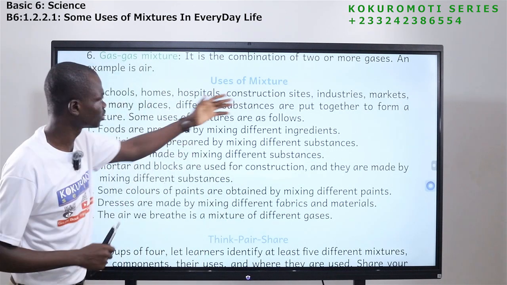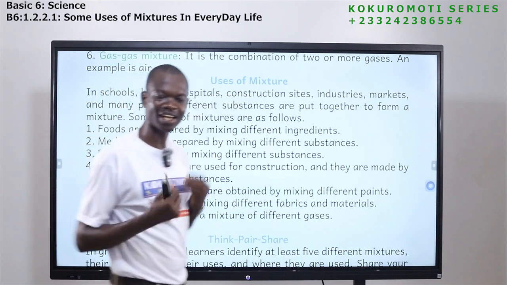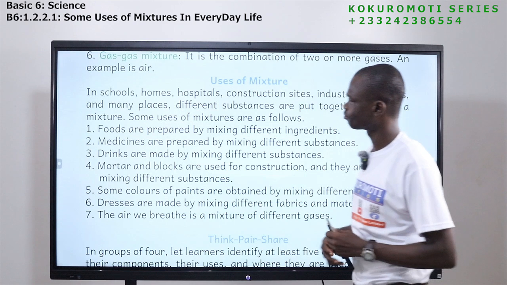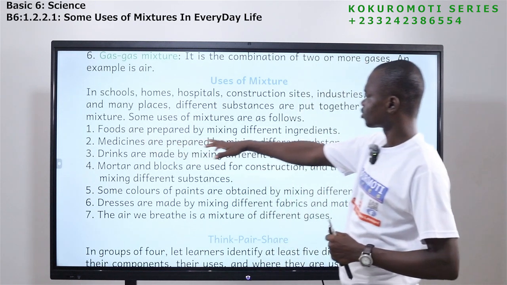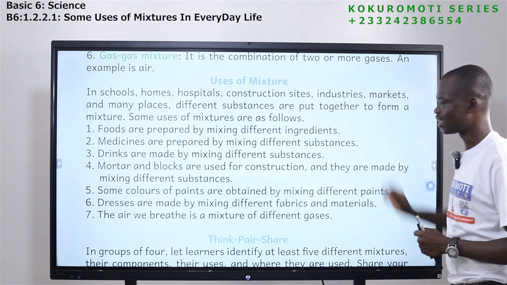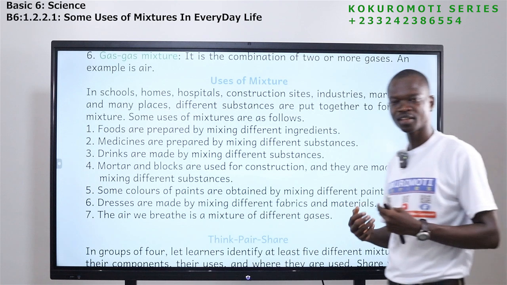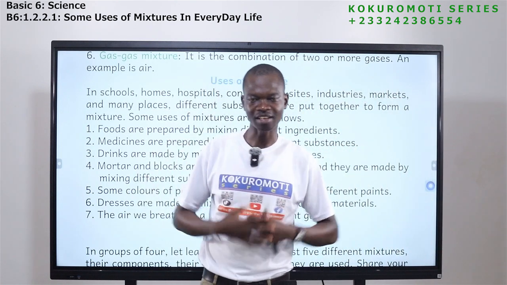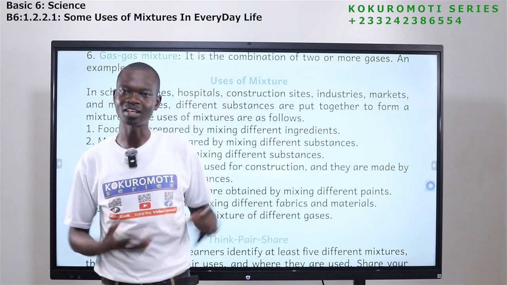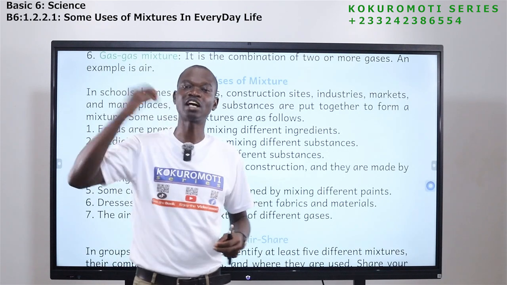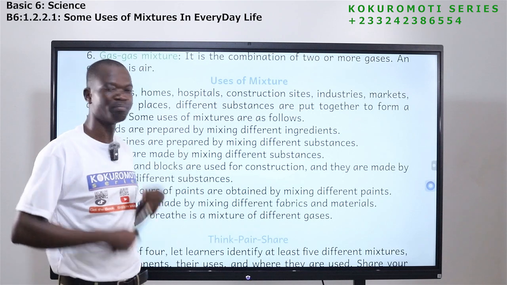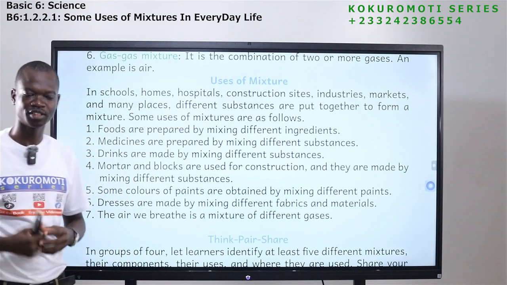Now let's look at uses of mixture. Now what are the uses of mixture? Number 1. Foods are prepared by mixing different ingredients. The food that we eat, our mothers, fathers, sisters and brothers prepare for us. And the food that we prepare by ourselves, we mix different ingredients.